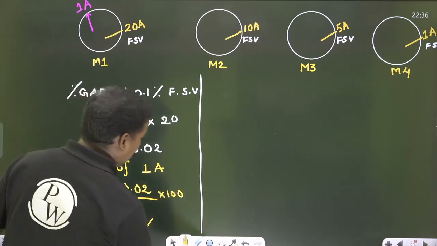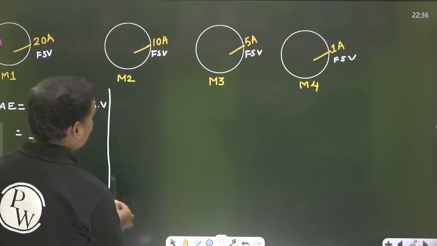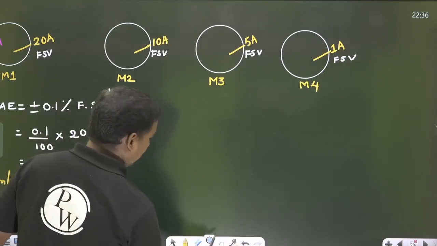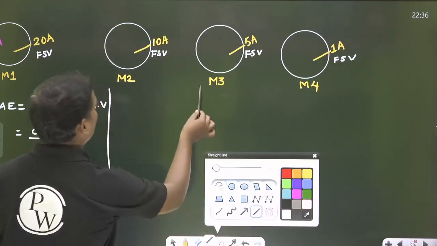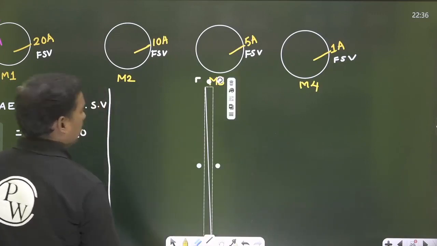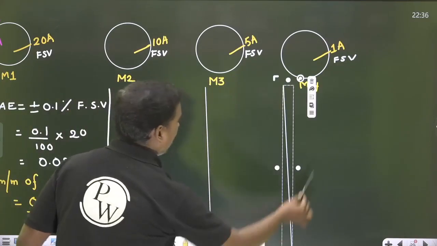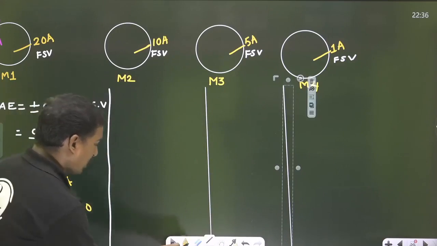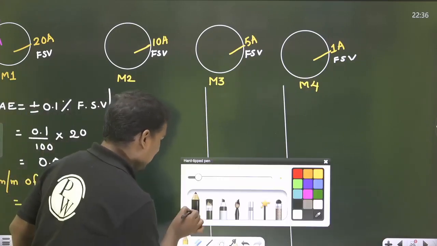Now let us go for the second instrument. What is the information given here?